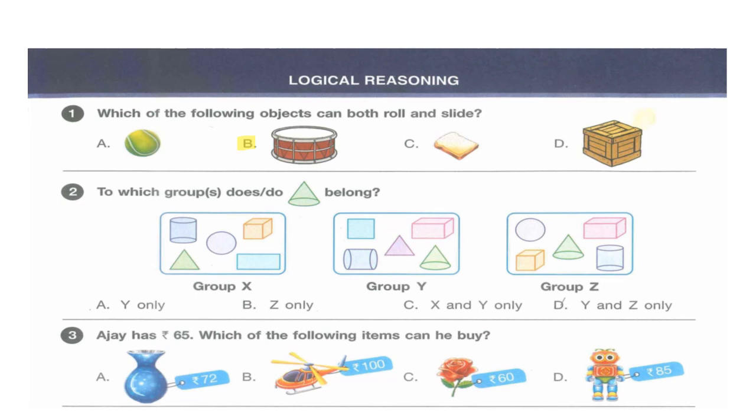Question number 2. To which groups does or do a cone belong? There are 3 groups given: group X, group Y and group Z. The options are A, Y only, B, Z only, C, X and Y only, D, Y and Z only. So we have to see to which groups the cone belongs.